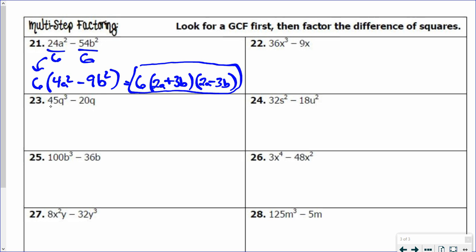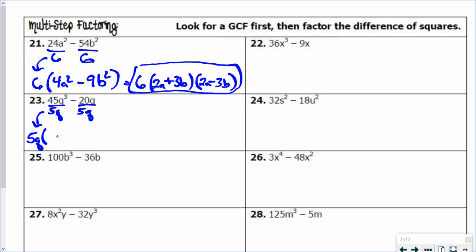All right, so let's look at this next one. So as far as numbers go, the greatest common factor of 45 and 20 is going to be 5. And I can also factor a q out of here. So I'm going to divide each of these by 5q. So 5q, dividing these, bring the 5q out in front.